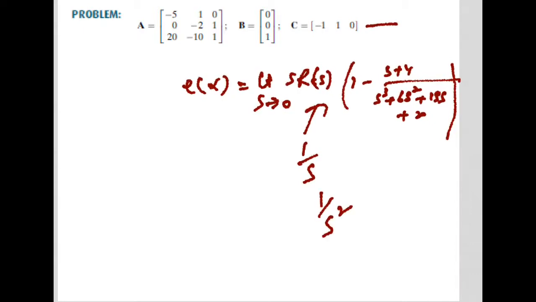For R(s) equal to 1 by s, the value of e(infinity) in this case is 4 by 5, and for 1 by s square the value of e(infinity) is infinity. So the system behaves like a type 0 system. This is how we calculate the steady state error of the system.